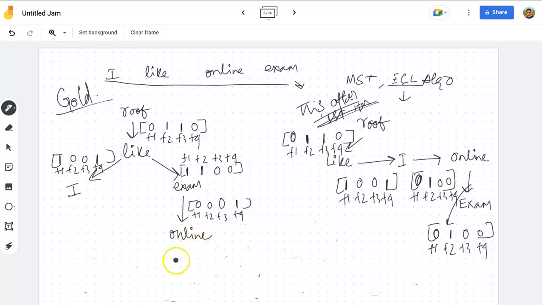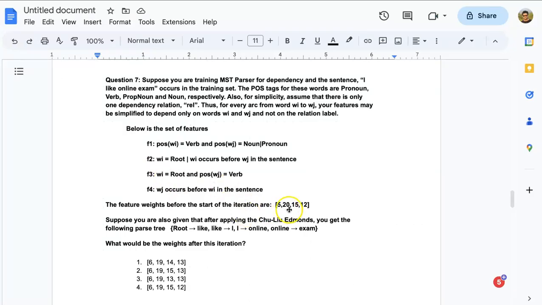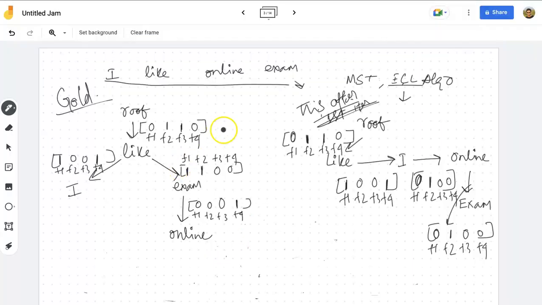Now what is the next step? The next step is to get the difference. If you see the question, the preliminary weights are given. Now you just need to update the weights. So what is the formula to update the weights? The new weights will be the old weight, so write it old, plus the gold features minus the features that you got after the first iteration. So this is the formula.